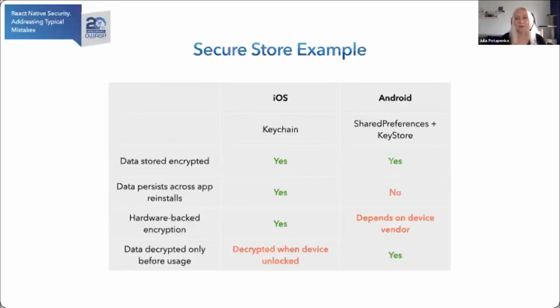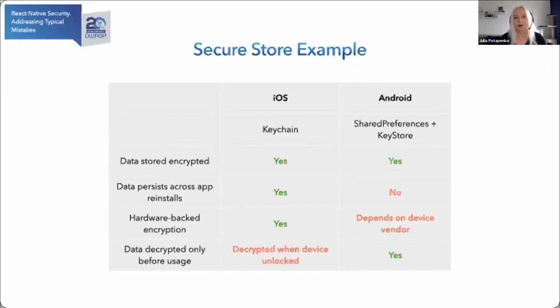Then, if you use Keychain, your data is decrypted when your device is unlocked, meaning you use Touch ID, Face ID, or passcode, and then your data is stored in plain text until you lock your device. While on Android, this library decrypts the data right before usage. And you see, there are differences in the behavior of this security control.